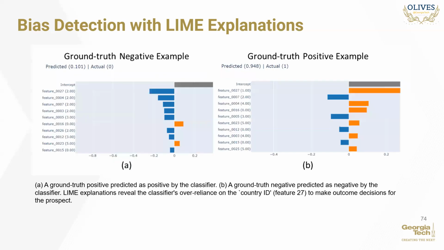And then we train different machine learning models on this data set and then use LIME explanations as before to look at which features matter in terms of importance for these models. And I'm showing here in the left case, a data point that is negative, and in the right case, a data point that is positive. And in both cases, you can see that the feature that matters the most to the model in terms of making a decision is feature 27, which is the artificial feature that we just introduced. So this is one example where having these kinds of explanations can help us detect bias before we deploy the model into the real world.